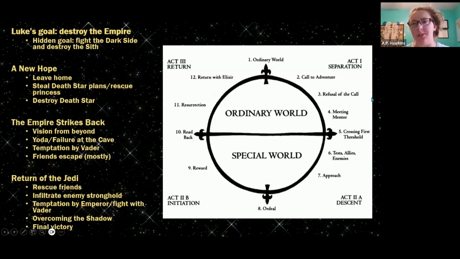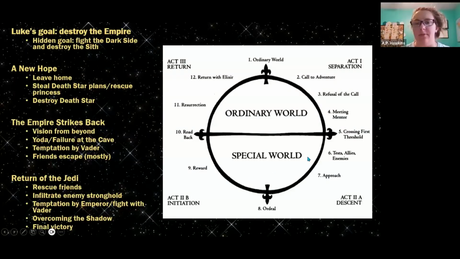But he is pushed to accept the call because the Empire actually kills his family. And so then he leaves Tatooine, enters the special world in which he is completely ripped out of his daily life. And that first threshold is leaving Tatooine in the first place.